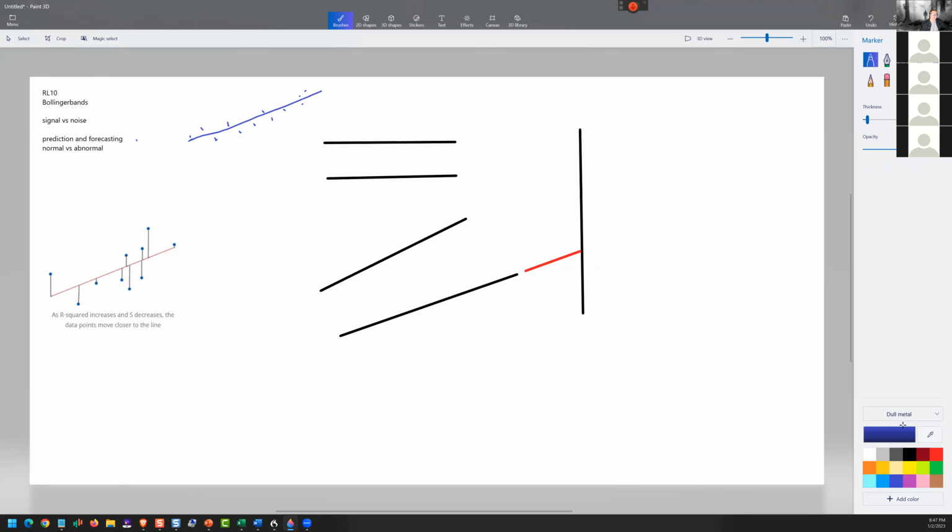And what that does is it's the line that minimizes the amount of error from each individual data point, like this one, and where the line is drawn in that time frame. So the red line minimizes the average distances of all those points to the line. So it's computed mathematically.